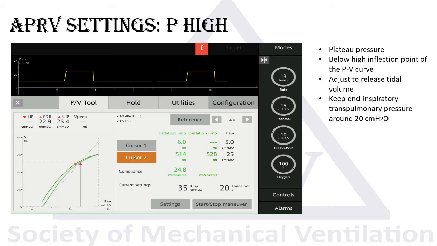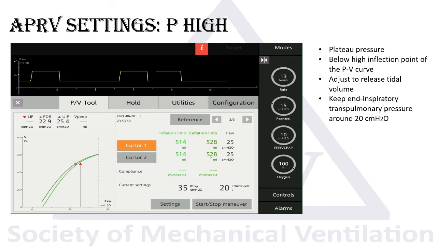You can see here, we can move the cursor a little bit to see where that point is at the arrow. Yeah, so it's about 25. So you can set your P high below that.